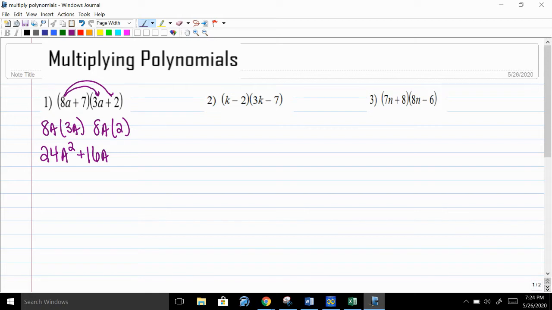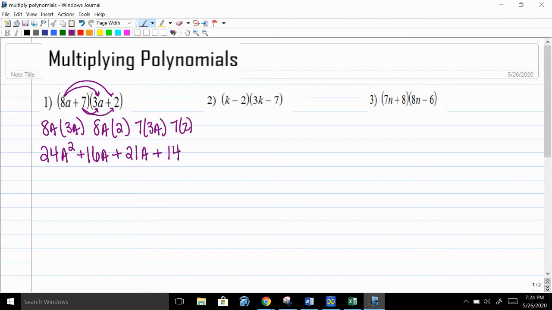Okay, and then I go back to the first binomial and I do the exact same thing with the 7. So I distribute the 7 to the 3a and the 7 to the 2. So I got 7 times 3a and 7 times 2. So 7 times 3a will be positive 21a. And then at the end, 7 times 2 will be 14. We're not quite done yet.